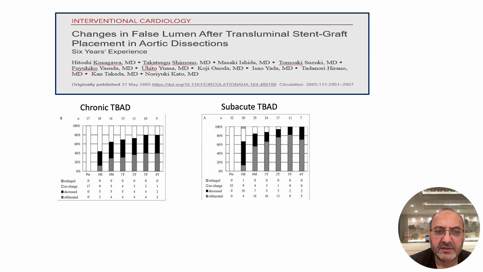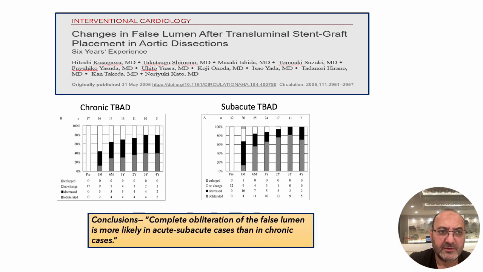In this study, they looked at what happens if you treat subacute type B dissection versus chronic. The complete obliteration of the false lumen is more likely to occur in acute and subacute cases than chronic cases.